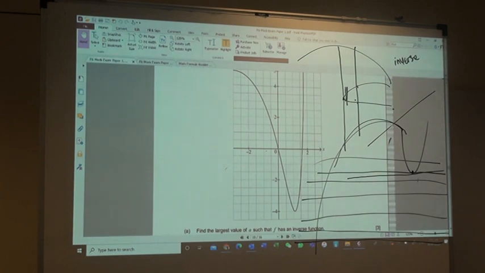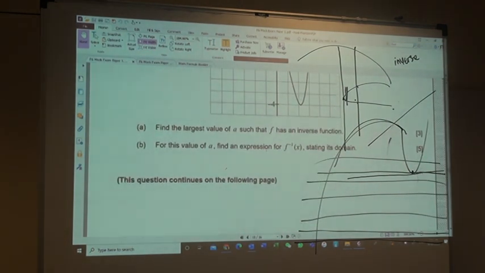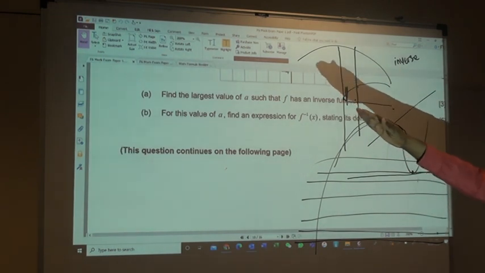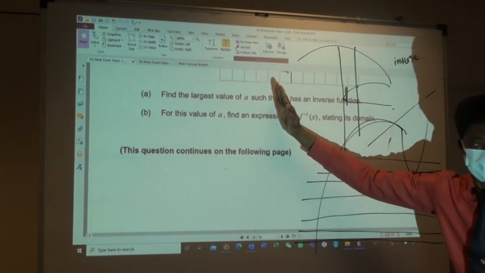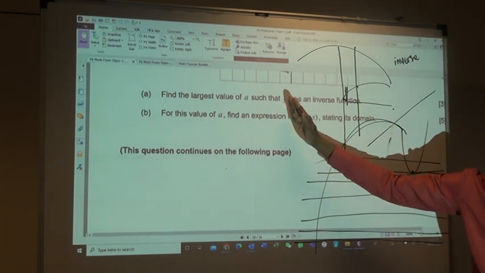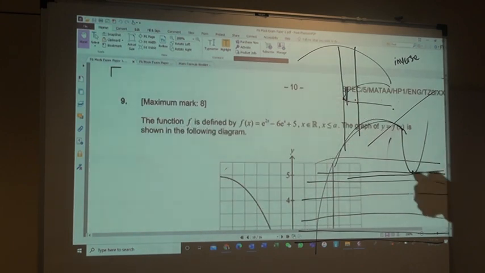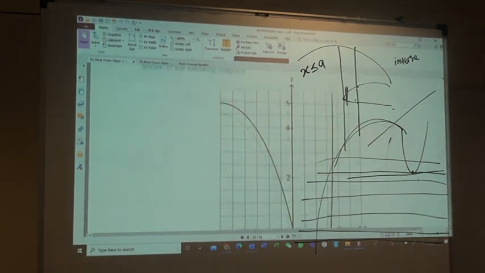Am I making sense? So when the question is asking you to find the largest domain such that it has an inverse, it can only have an inverse if, by the time we flip it to the other side, it will also pass the vertical line test. Largest value of A, sorry. Remember from the beginning, it says x is less than or equal to A. So we need to see the biggest one.